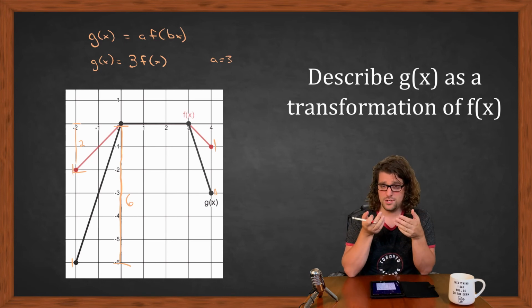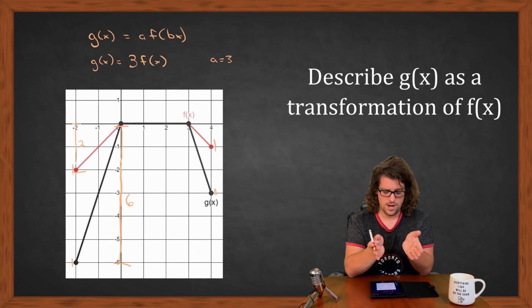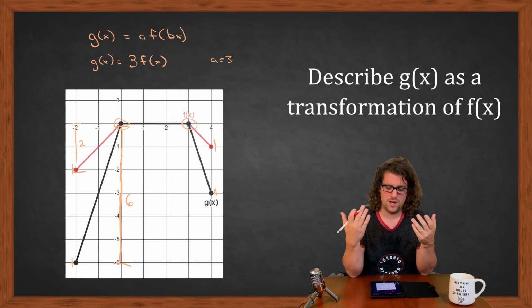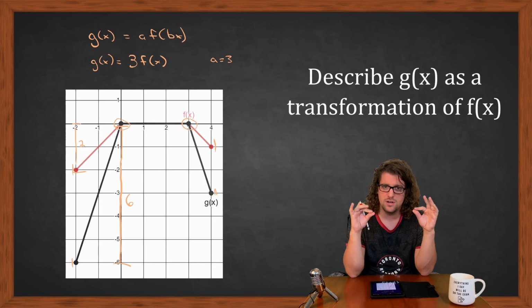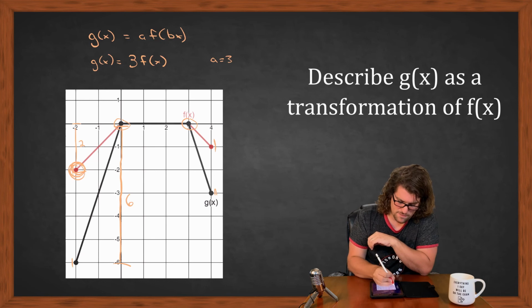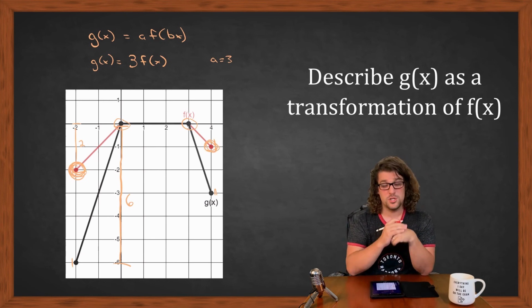And if we wanted to do that with a point instead, just make sure you're understanding which points are going to be helpful to choose and which ones are not. In this case, both this point and that one lie along the axis. Multiplying them by 3 is not going to stretch them vertically at all. They're going to stay at a value of 0. So we either have to pick this point over here, which is at -2, or this point over here, which is at 4.